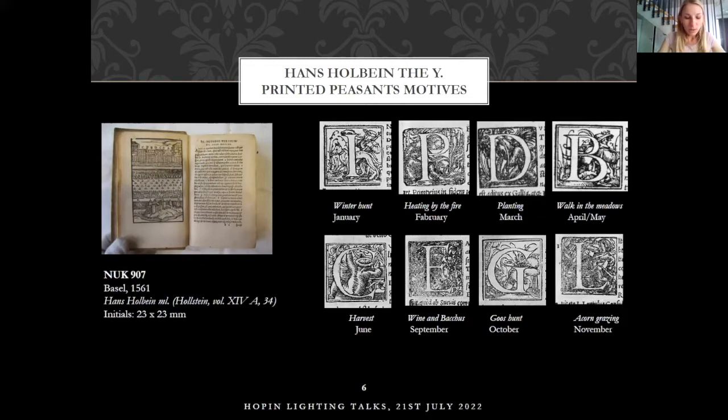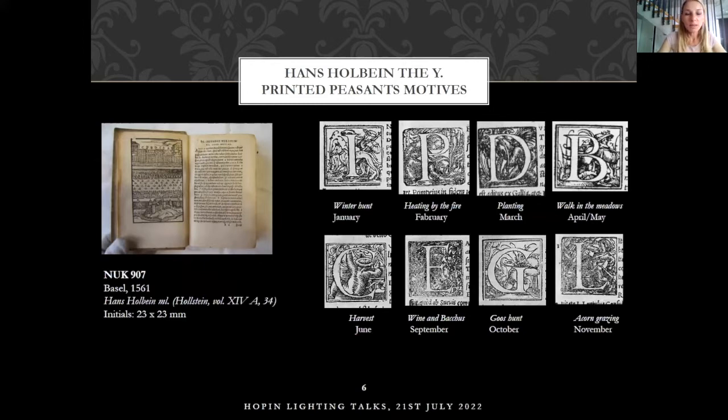The ones that are today kept in our National and University Library in Slovenia were printed in Basel between the years 1523 and 1546.